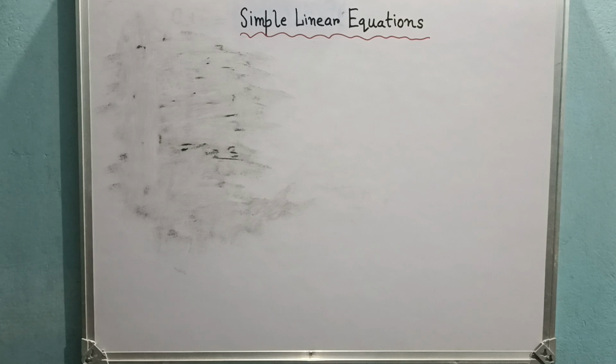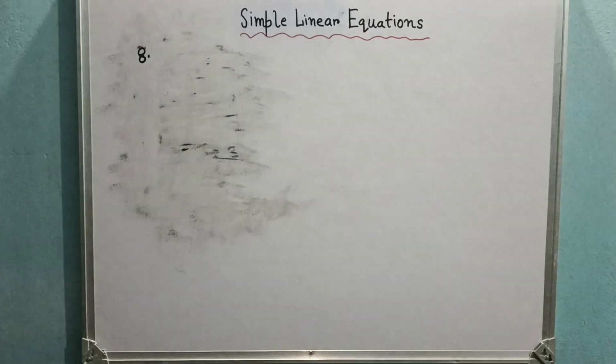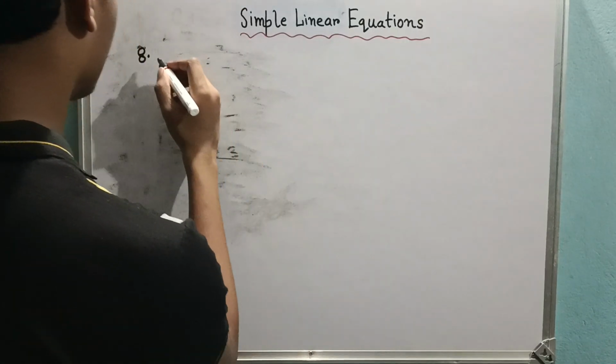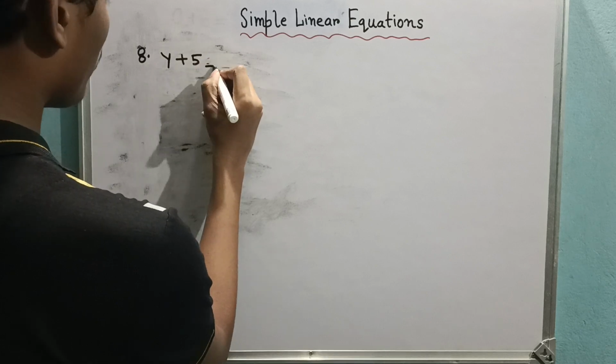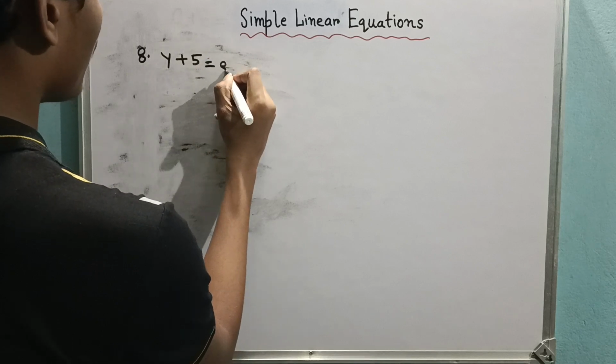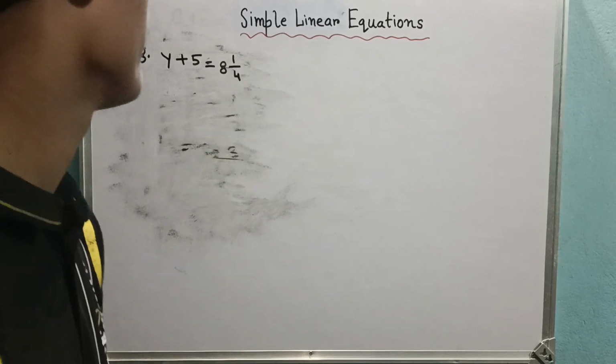Okay then. Let's see what we have next. Okay, so here we also have a good sum. So let's go to number 8. y plus 5 is equal to 8 whole 1 by 4.